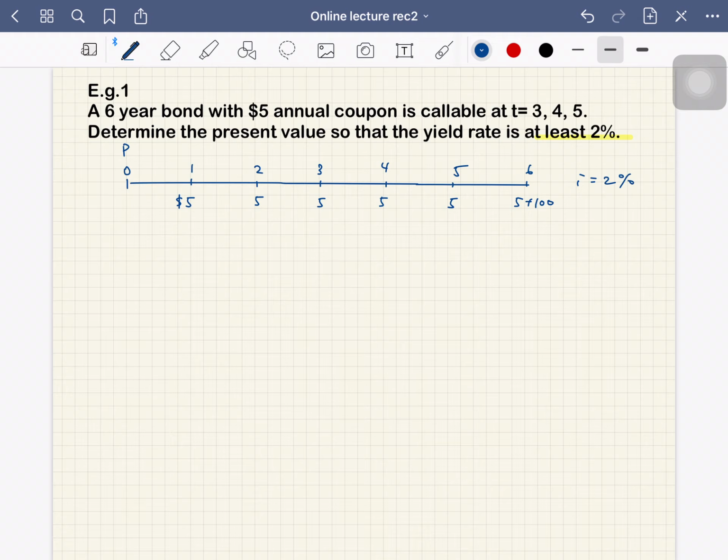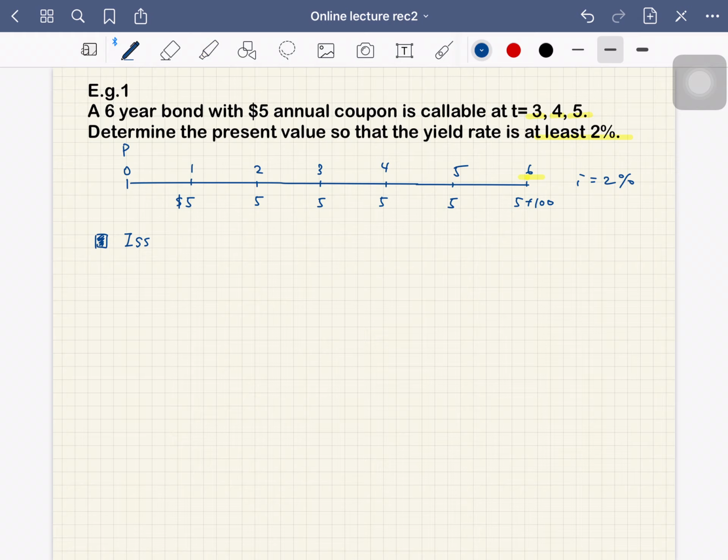So the point is that the issuer wants to maximize the profit. So that means that we have to choose the lowest possible P for all options. So issuer has the 4 options: call at 3, call at 4, call at 5, and don't call, so matures at 6.